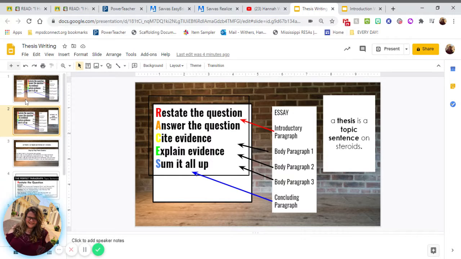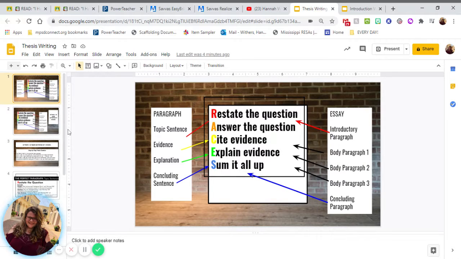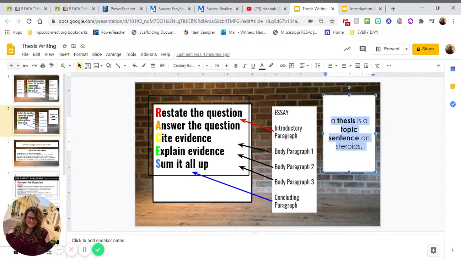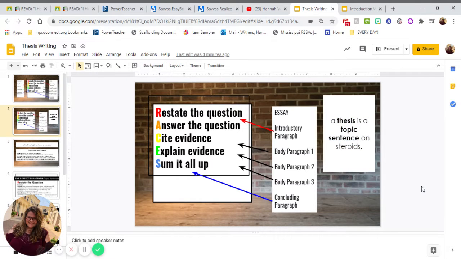So we're going to sort of eliminate the paragraph. We're just taking it away, moving everything over to smidge. And today we're just going to focus on this thesis. And so what I like to say is a thesis is a topic sentence on steroids. So all a thesis is going to do is tell your reader, hey, here's my main point.